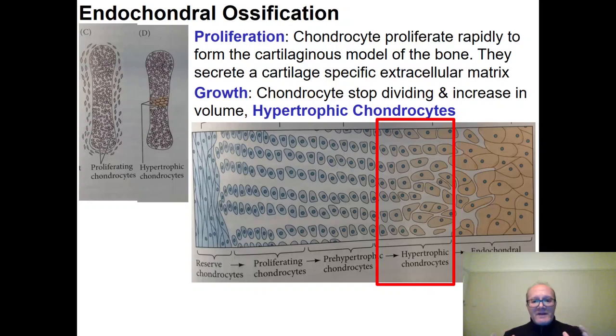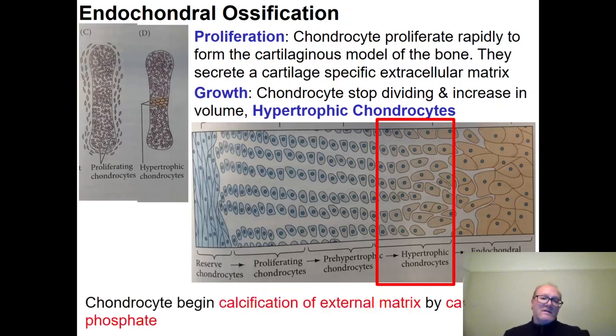When they become much bigger cells, they start to become bones as well. So they begin the process of ossification. One of the first things that they do is change the extracellular matrix. They begin ossification, or most precisely, calcification of the extracellular matrix by deposition of calcium phosphate.